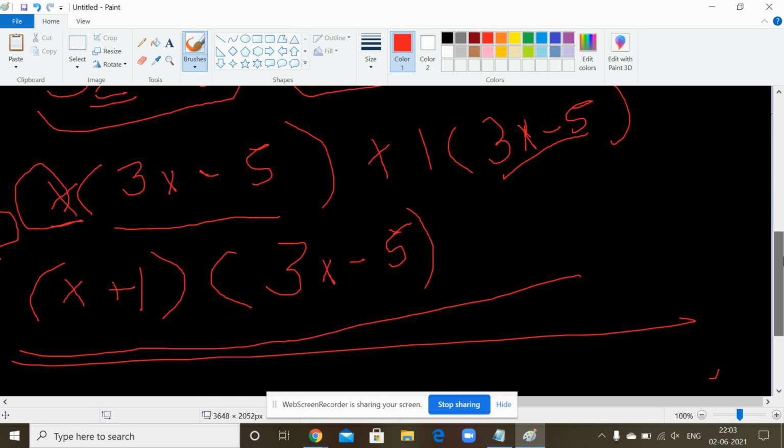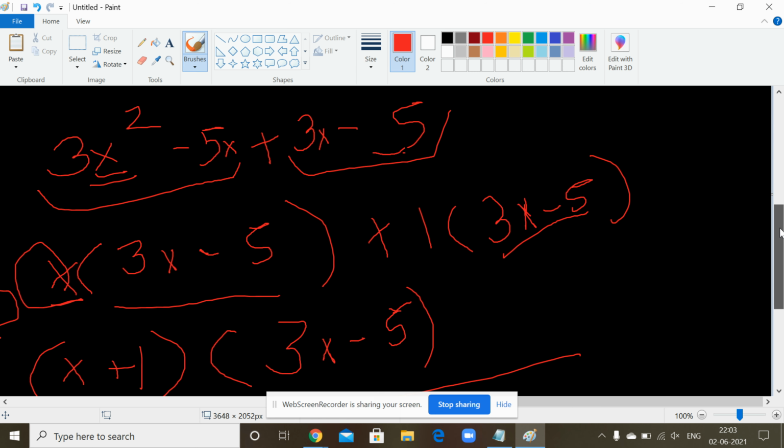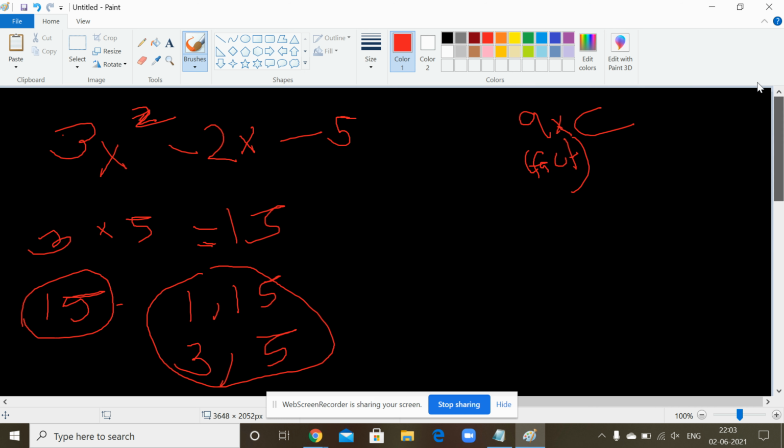I will recap the steps again. The first step is the factors of A and C. In this sum A and C are 3 and 5. So, the factors of the multiplication of A and C: 3 times 5 becomes 15, and the factors of 15 are 1 and 15, and 3 and 5.